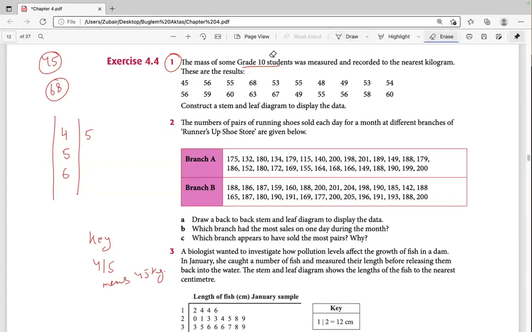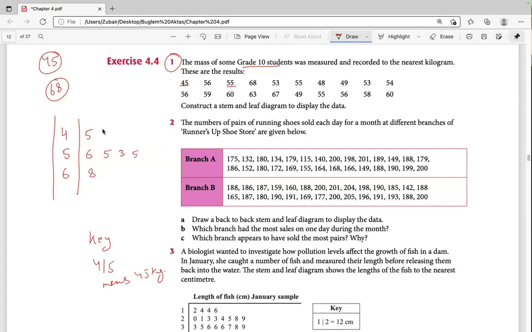Now, when I'm done with the first number 45, I'm looking at 56. So I can write a 6 here. Third number is 55. I can write a 5 here. 68. There goes the 8. 53. There goes this 3. I'm speeding up a little. I need to complete this question. Okay. Is that fine?